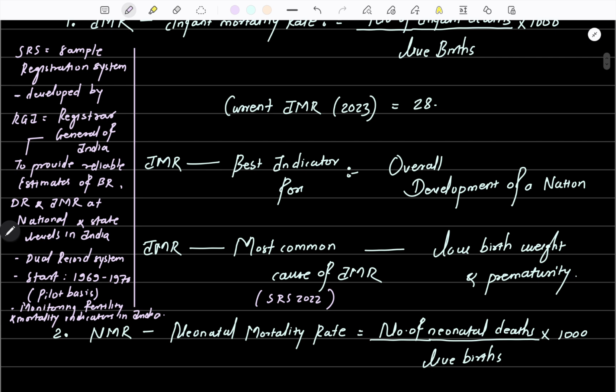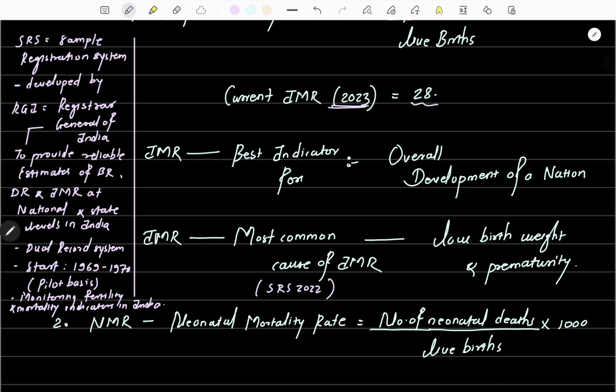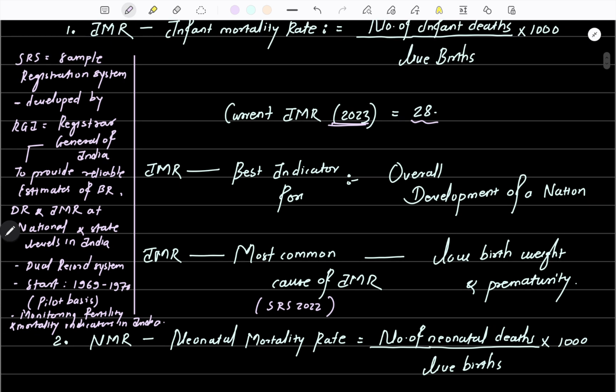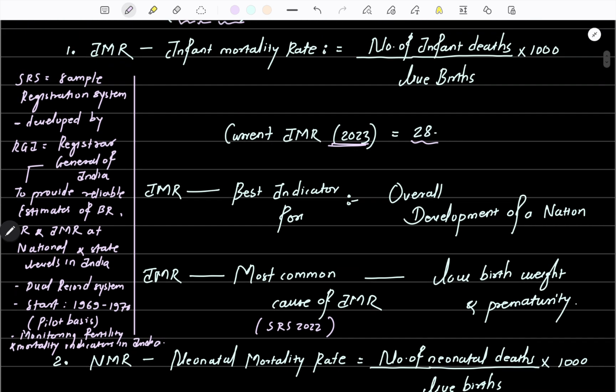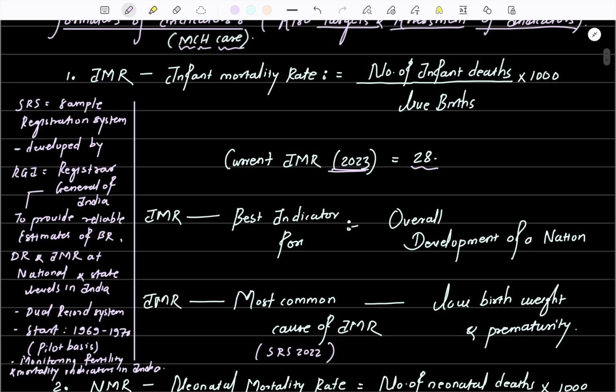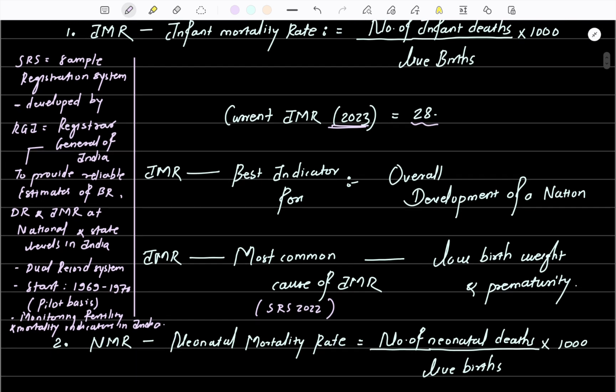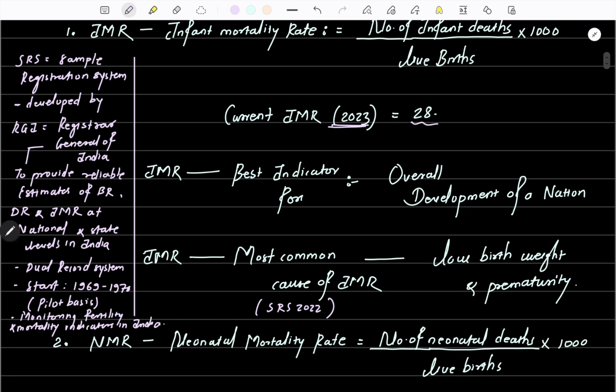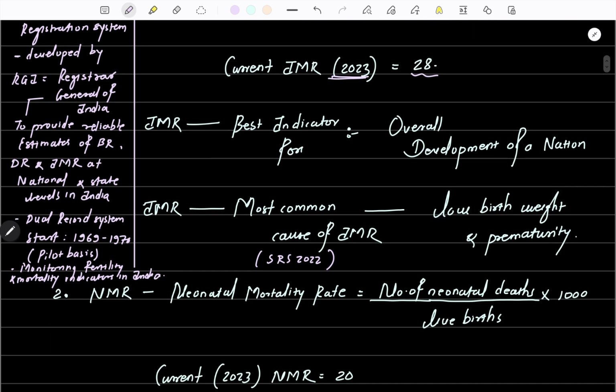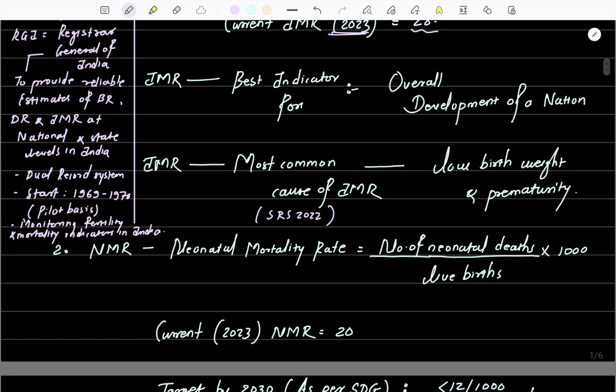The current infant mortality rate in 2023 is 28. Then, what is the best indicator? Infant mortality rate is the best indicator for the overall development of a nation. We can assess the development of a nation by just looking at the infant mortality rate of that particular nation.